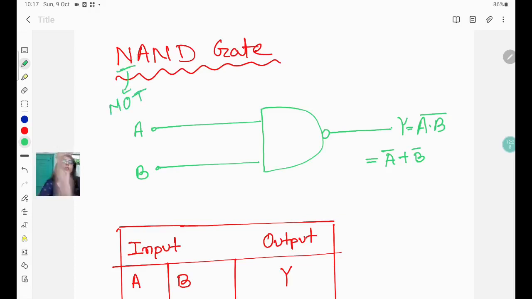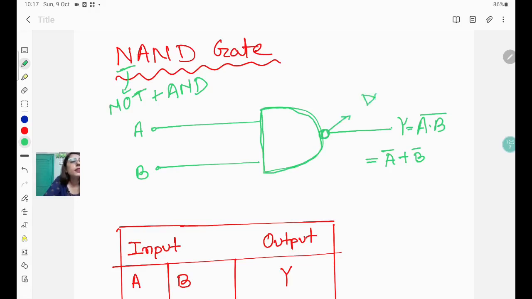So of course you can understand from this that if we give a NOT gate with this AND gate, NOT plus AND is going to make a NAND. So here we have an AND gate, that is this D. We have the circuit symbol of AND gate this way, and with that we are going to give a bubble. This bubble is for the NOT gate.